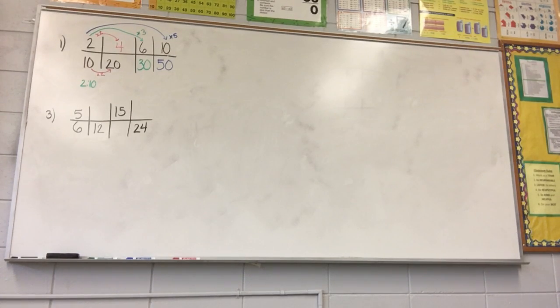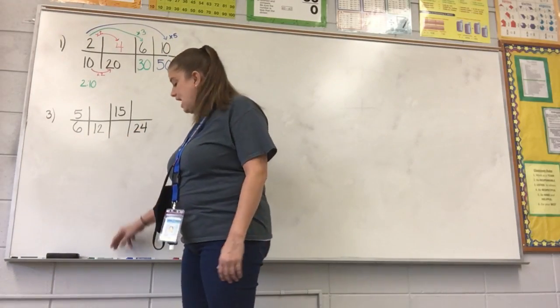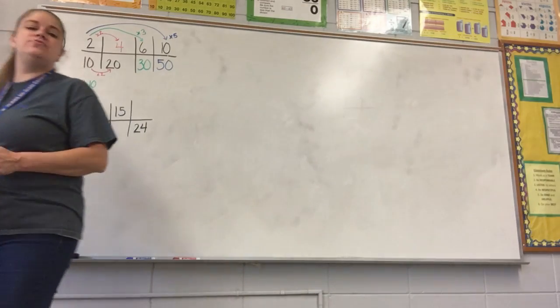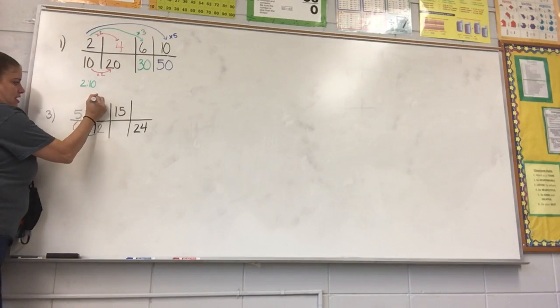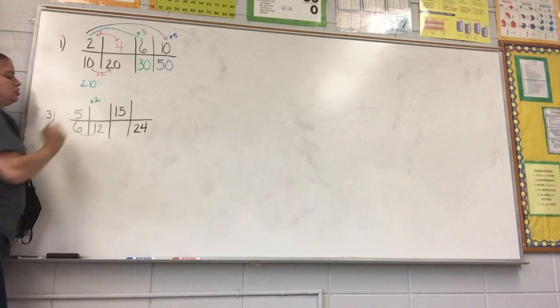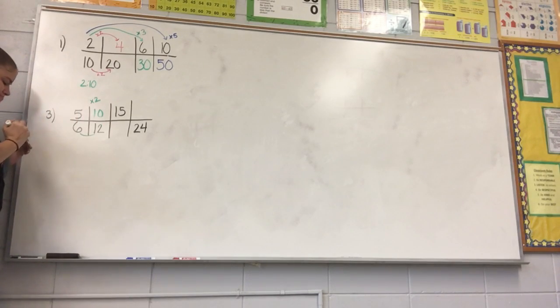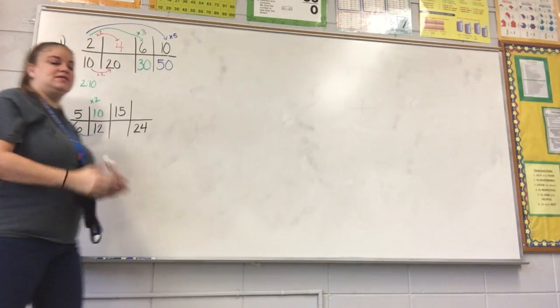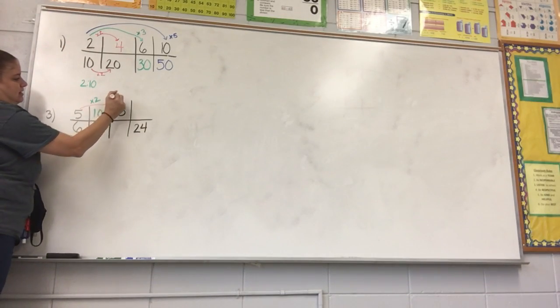All right, so my full ratio that I have is 5 to 6, correct? Okay, so what did I do to go from 6 to 12? I multiplied it by 2. So I'm going to do that to 5. 5 times 2 is 10. Okay, what did I do to go from 5 to 15?